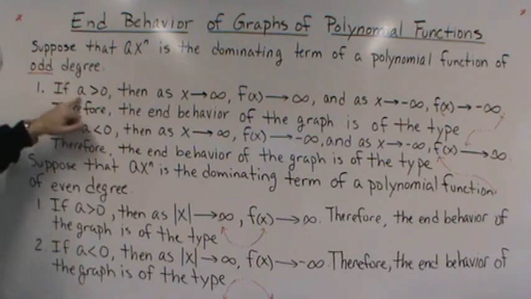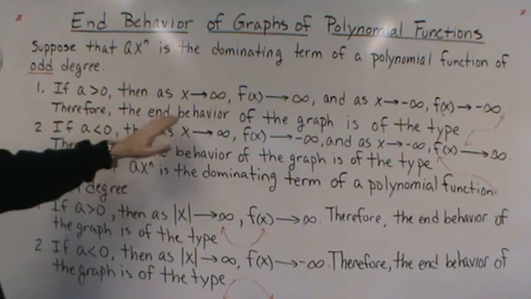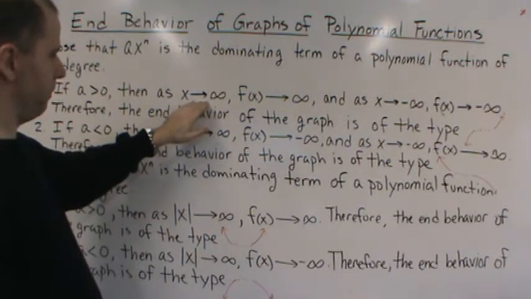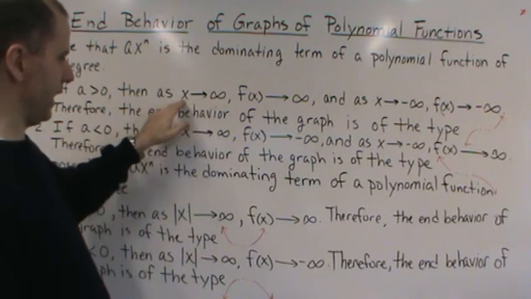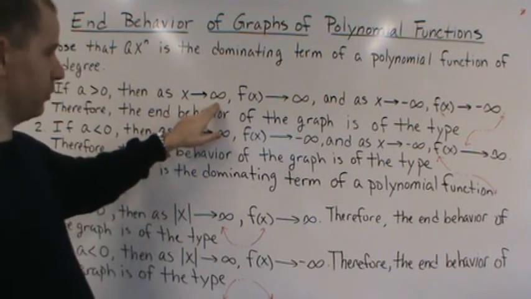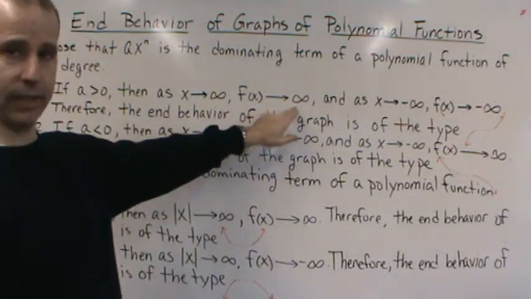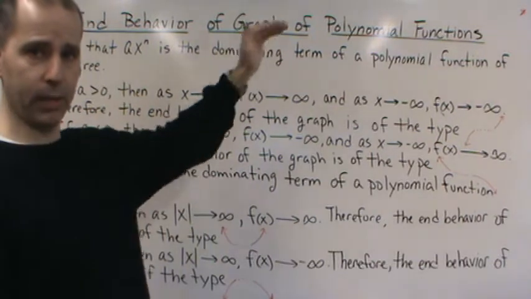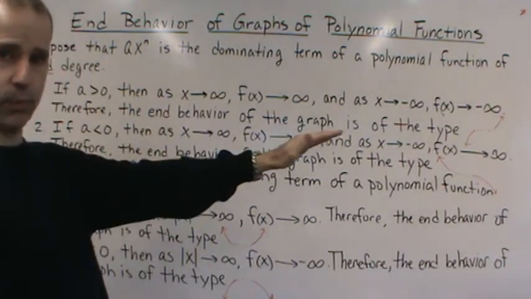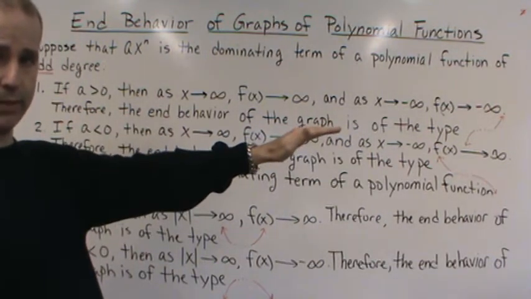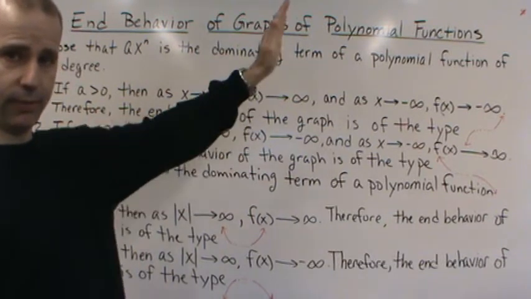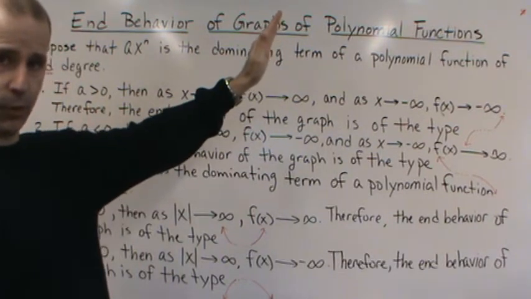So if a is positive, as x gets really big in the positive direction, the function f of x is going to get really big in the positive direction, so it means it's going up. As x goes further to the right, f of x is going to get further up.